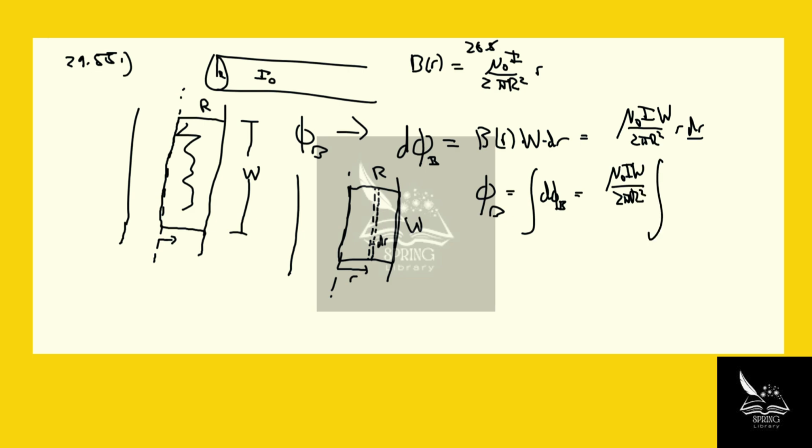And this is the integral, going from 0 to big R of R dr. Cool. We can do that integral pretty easily and see that the answer is mu naught I W over 4 pi. Perfect. That's it.